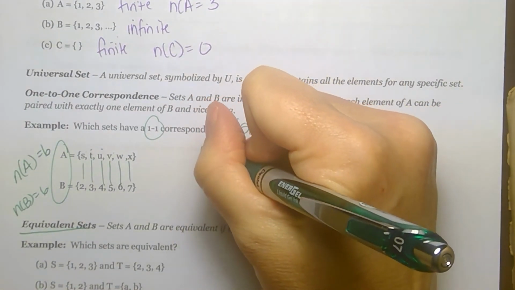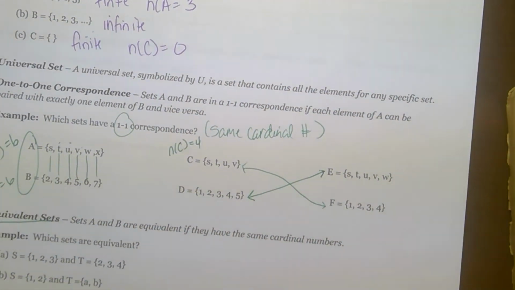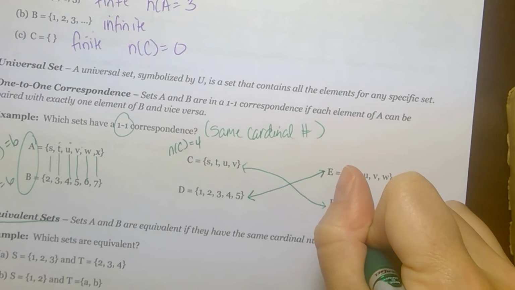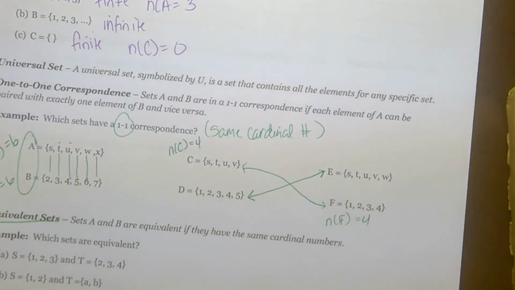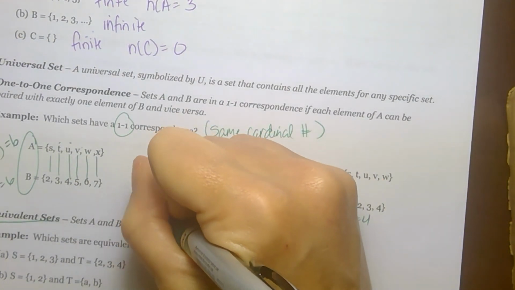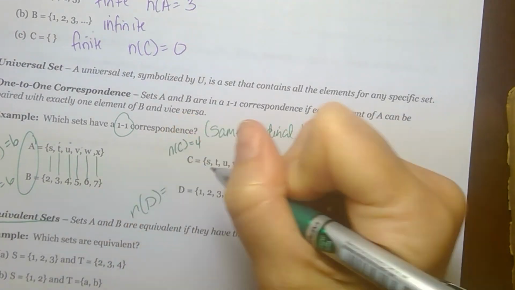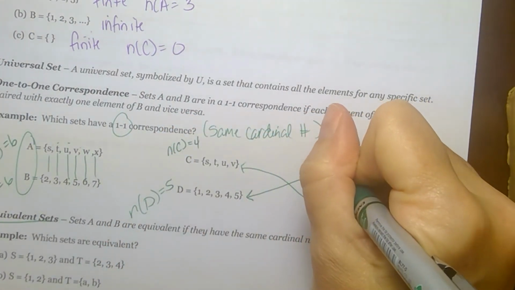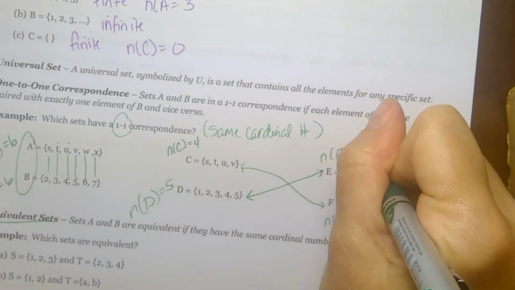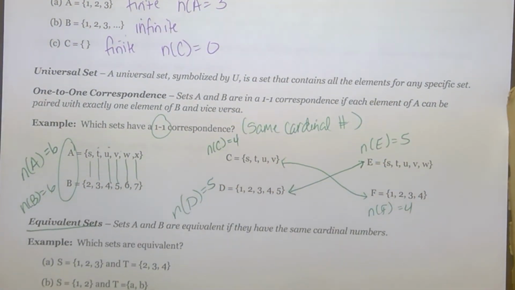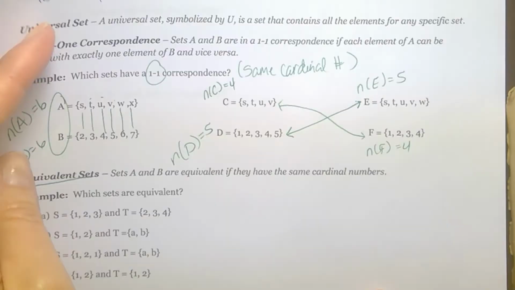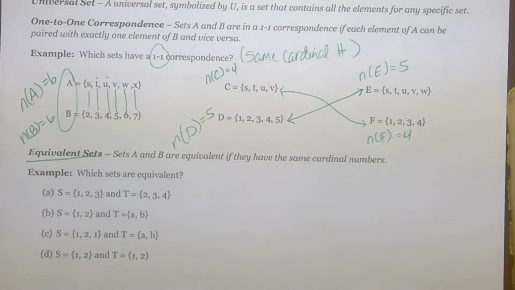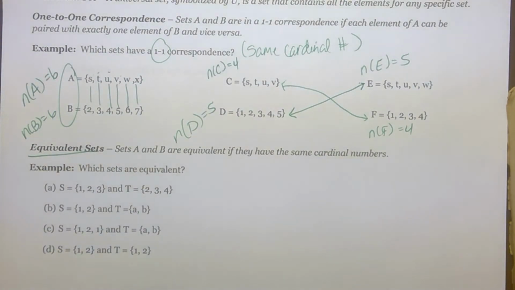Set C has a cardinal number of 4, and so does set F. Set D has a cardinal number of 5, and so does set E. That is equivalency, one-to-one correspondence, cardinal numbers.